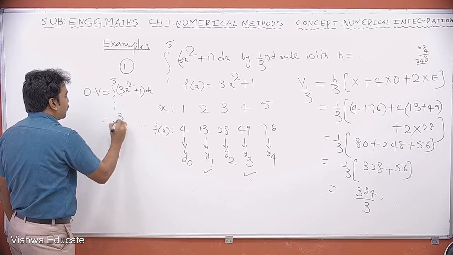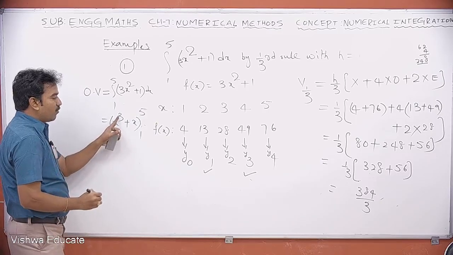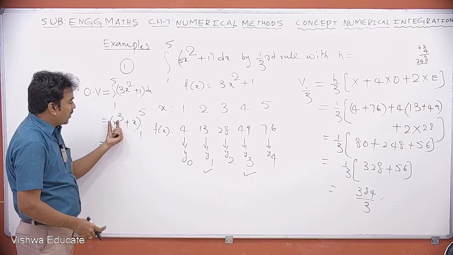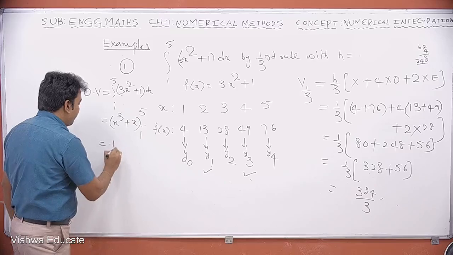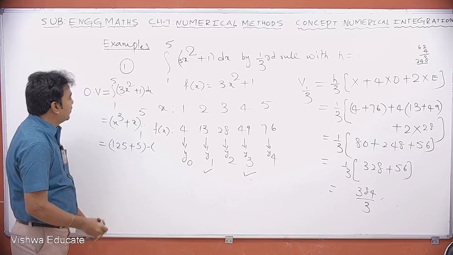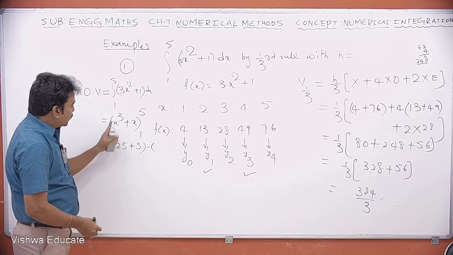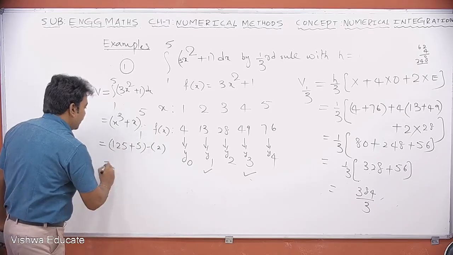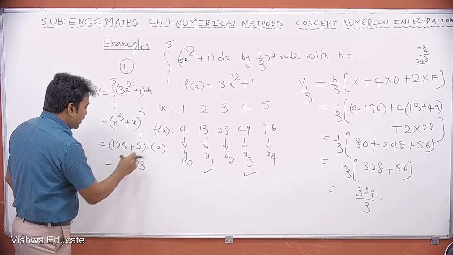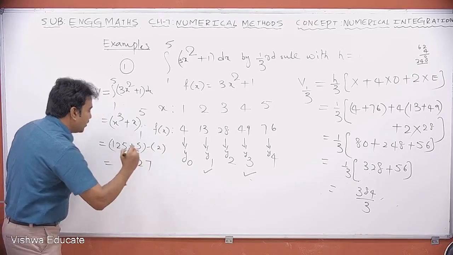So this is x cube plus x, with limits from 1 to 5. 5 cube is 125 plus 5, which gives 130, minus 1 cube plus 1, this is 2. So 130 minus 2 is 128.